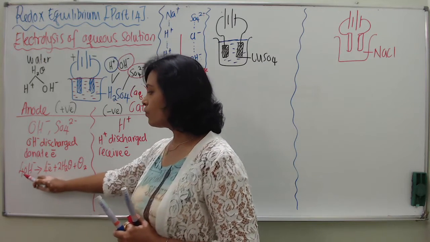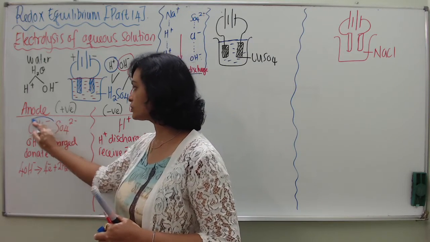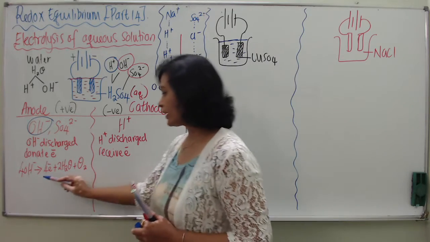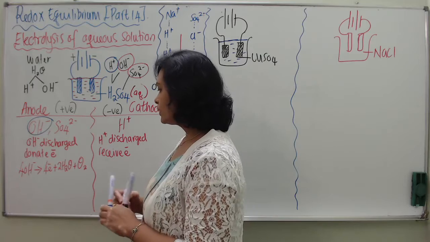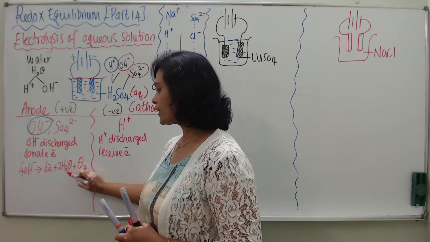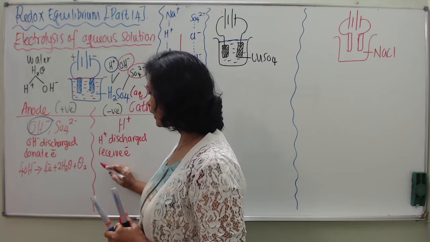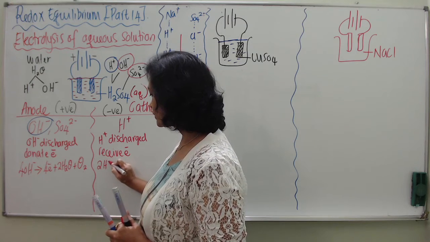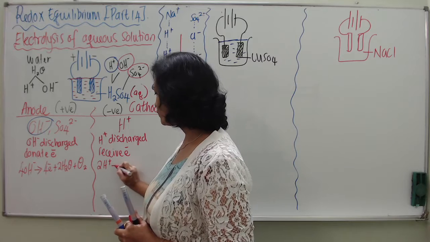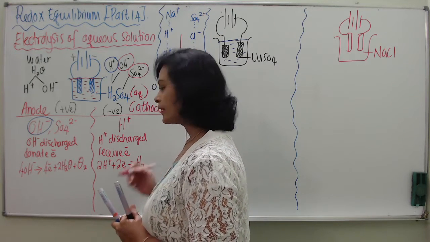Teacher repeats, 4 hydroxide ions, since we already chose hydroxide ion thanks to this chart, donate 4 electrons to become water and oxygen gas. Now let's go to hydrogen. 2 hydrogen ions will receive 2 electrons to become hydrogen gas.